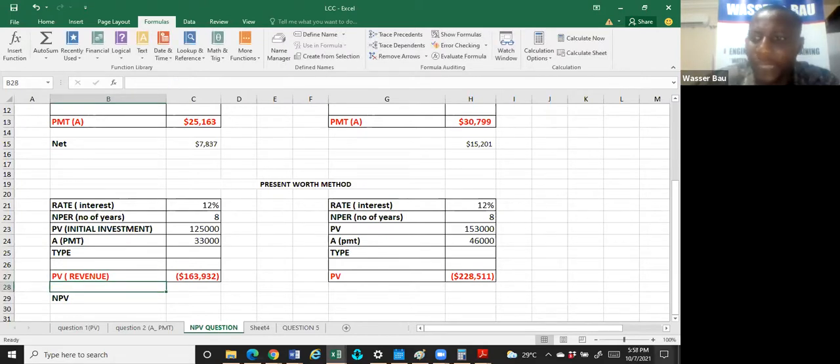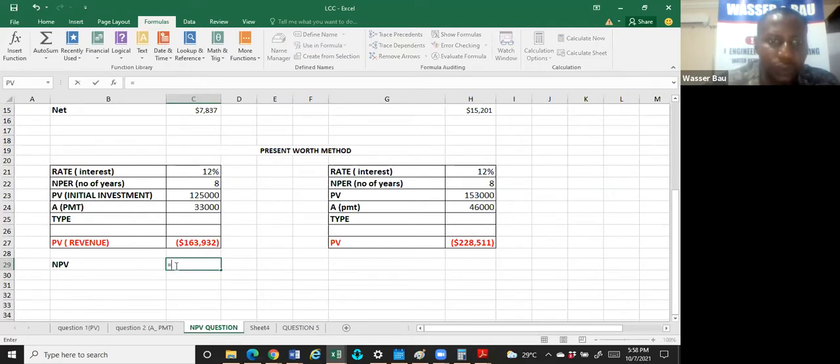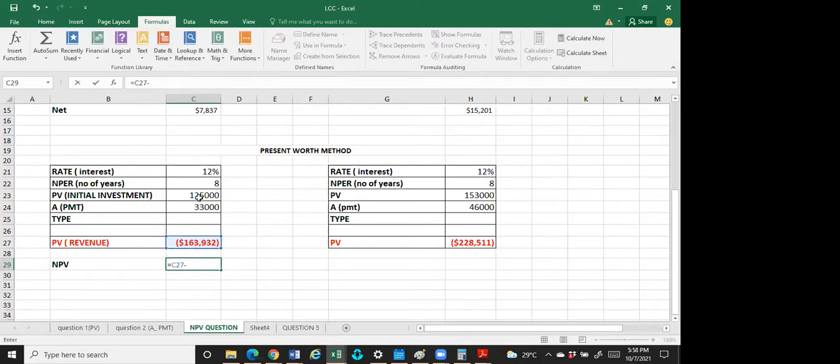So from what I taught us, the NPV is automatically the revenue minus this, which is equal to this minus this.